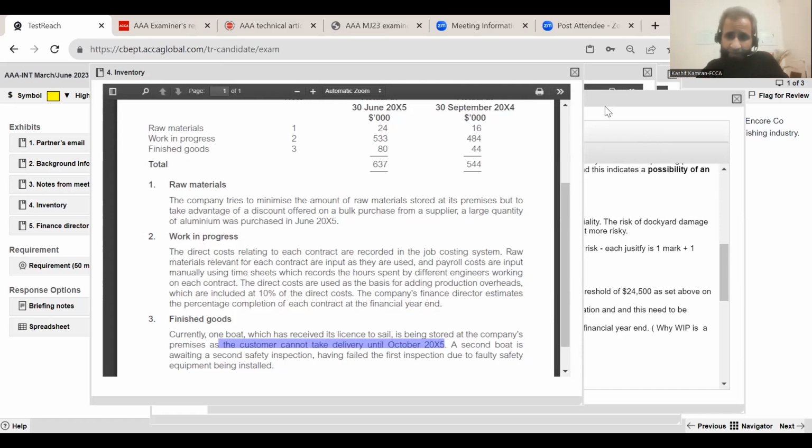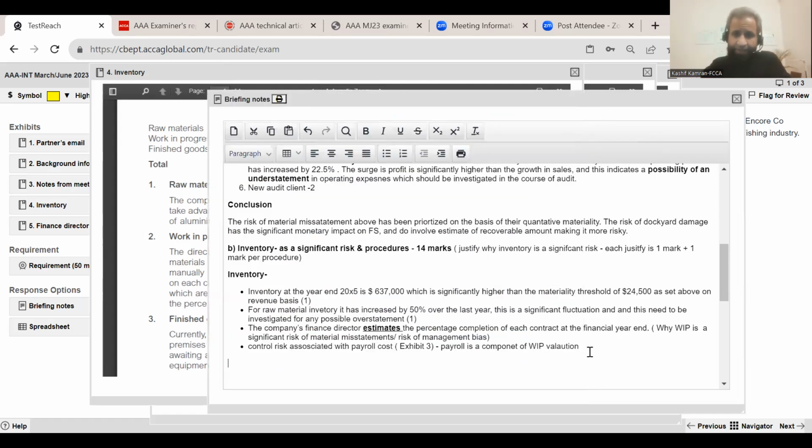So there are two possible issues in finished goods. One is boat number one having an issue that it should not be part of the inventory. Inventory will be overstated. And with boat number two, you need to incur some additional cost to make it fit for the license, and how that additional cost will be accounted for in inventory valuation.